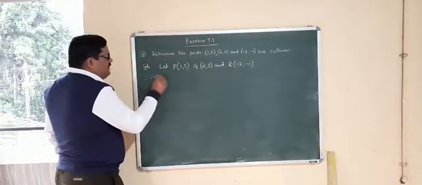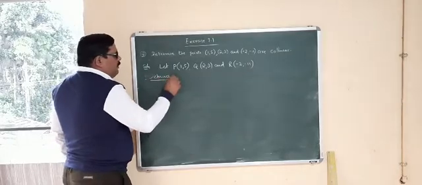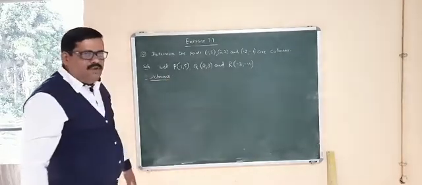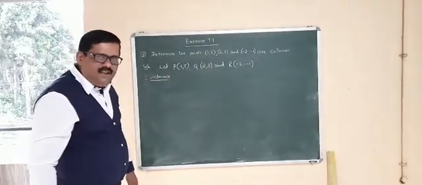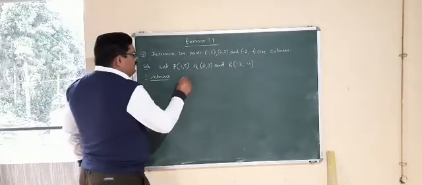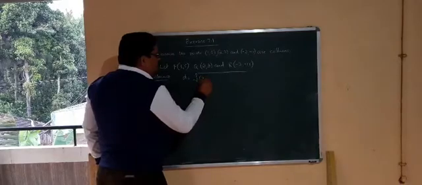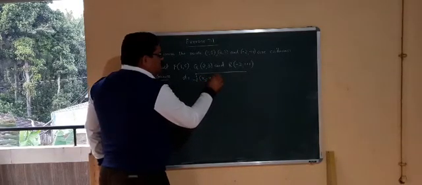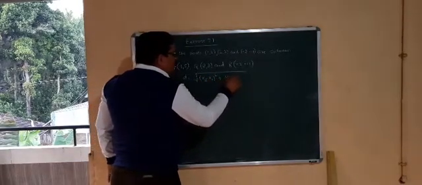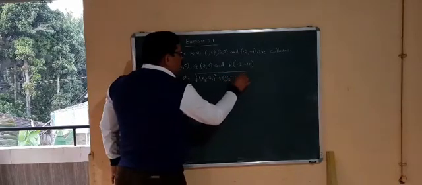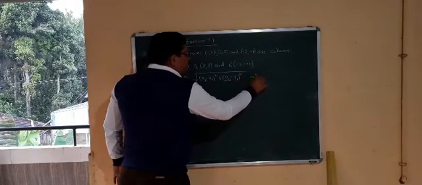We know the distance formula between two points with coordinates (x1, y1) and (x2, y2) is d equal to square root of (x2 minus x1) whole square plus (y2 minus y1) whole square units.